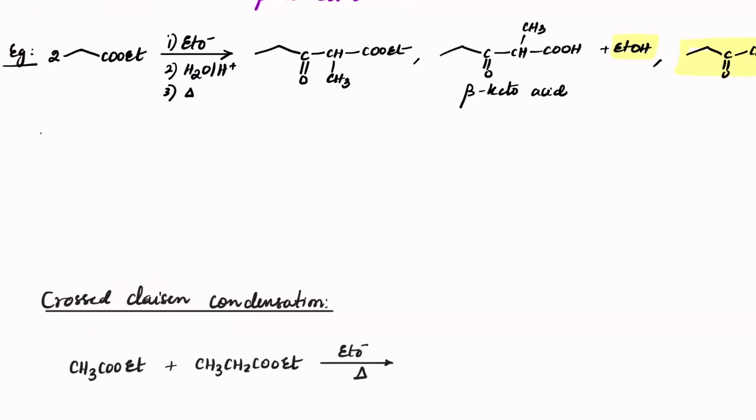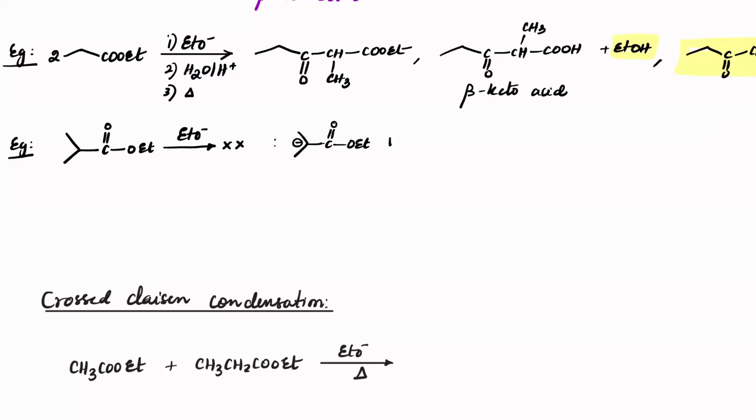Secondly, another example, check out, in case you have a very bulky kind of substrate here, and then I'm treating this with EtO minus. Okay, this reaction does not make condensation. Reason being, the carbanion which is formed here is highly unstable.